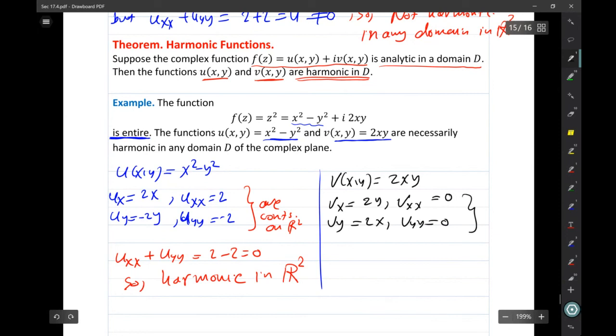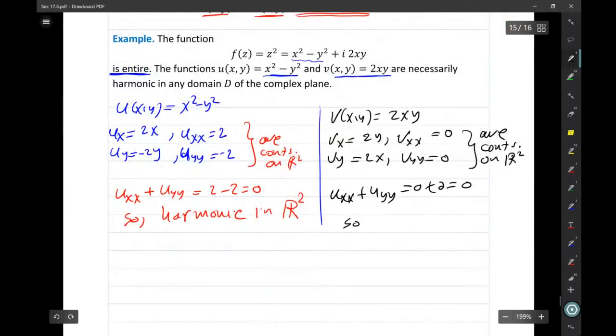All of these are continuous on R squared. Also, u sub x plus u sub y is equal to 0 plus 0, which is 0. So harmonic in R squared.